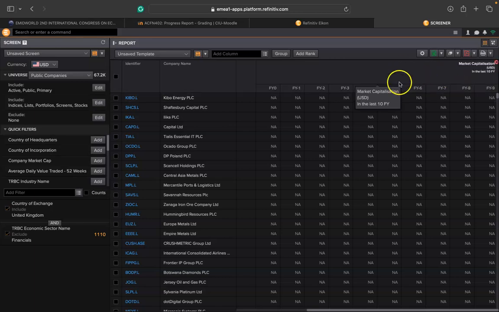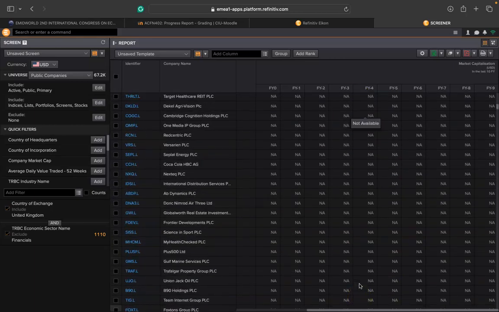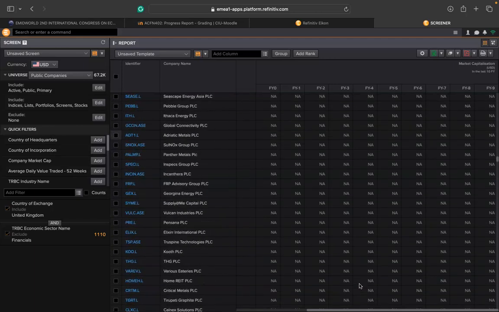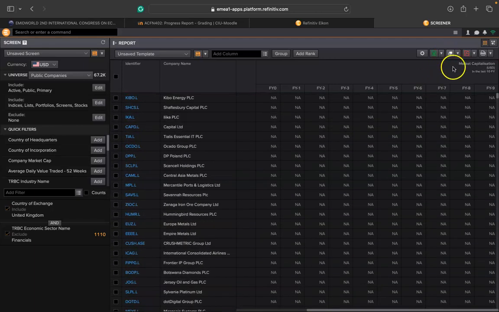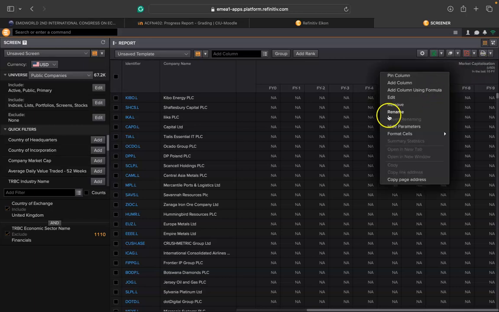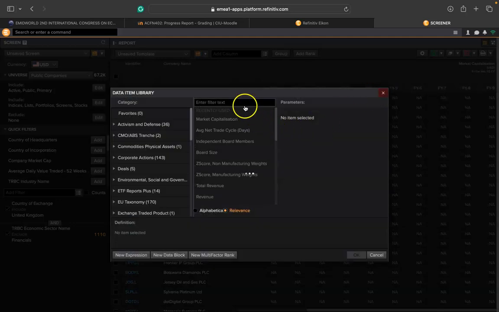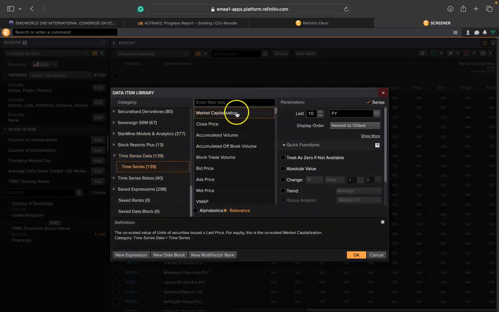Most likely, Refinitiv Eikon is using another data, so I cannot use it at the moment because I'm seeing all NAs. So I need to remove this and try another one. If I right click on this one, I can edit the data. So this is not what I'm looking for.